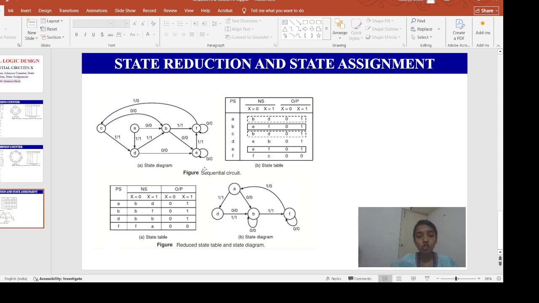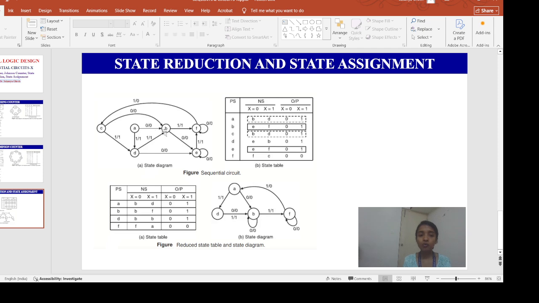Now how we need to draw it: suppose I am here in A, and I want to go to B. When the input is 0, if I want to go from A to B, X is 0, so my input is 0.